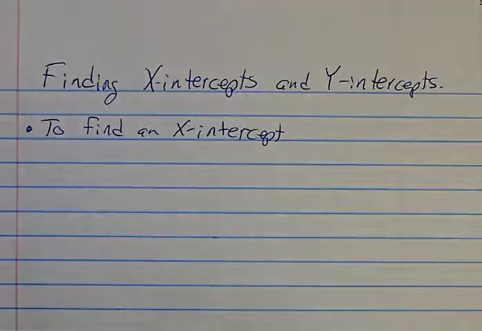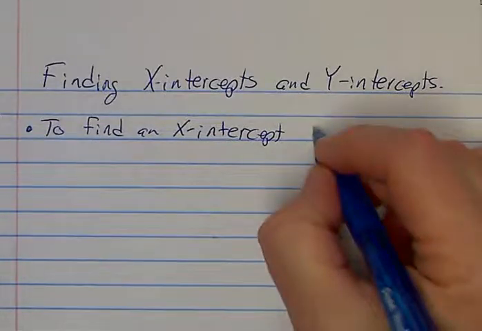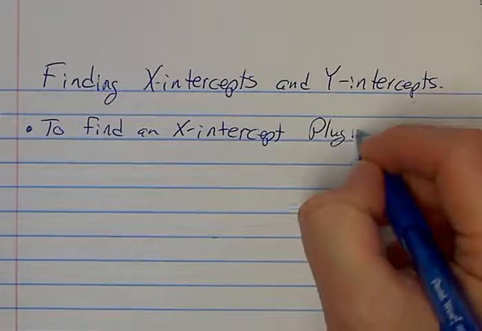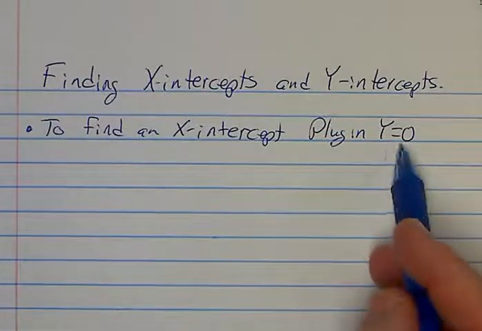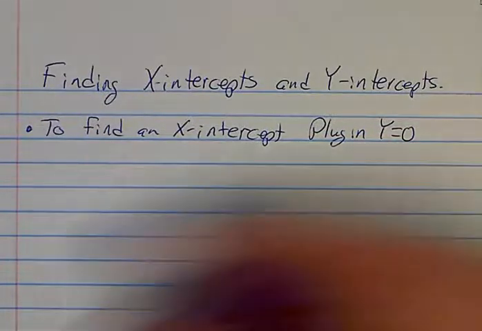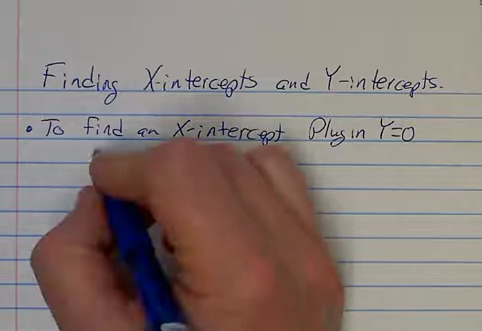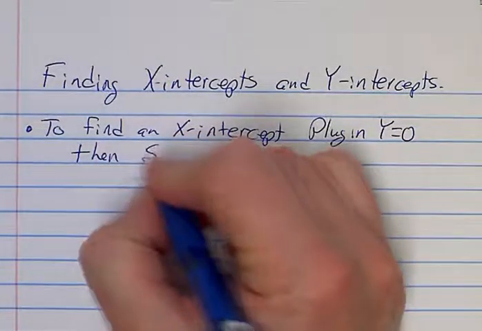But to find an x-intercept, plug in y equals 0. Once you plug in y equals 0, that makes the y value go away. Then you solve for x.